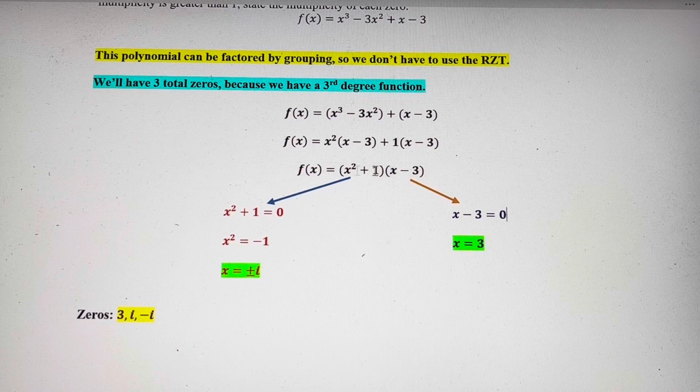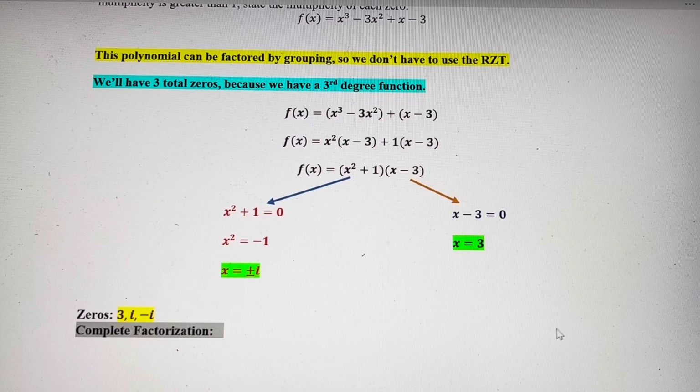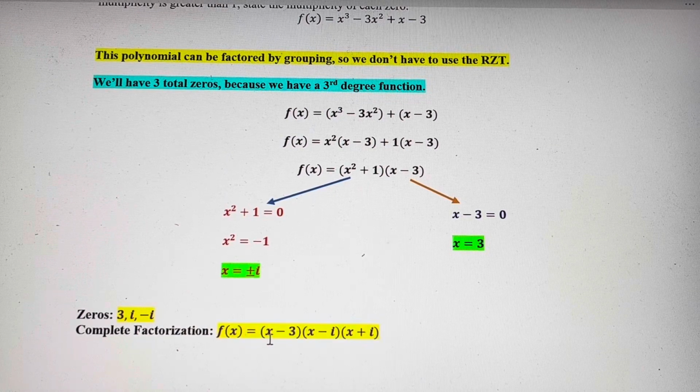I can rewrite those factors as x minus 3, x minus i, and x minus a negative i, which becomes x plus i. So this would be the complete factorization using the zeros, all right?